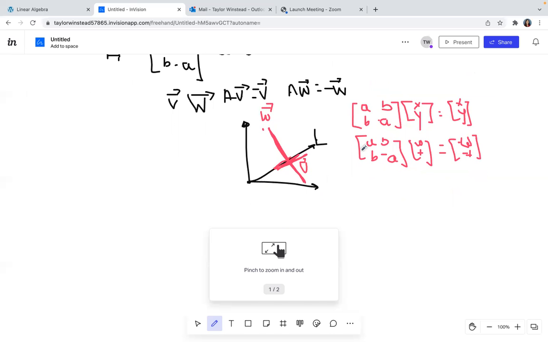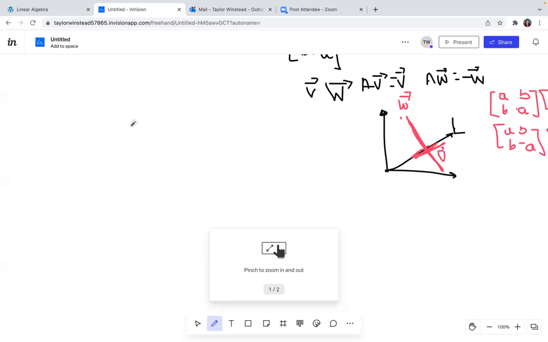So another way we could do this is think about this a little bit more theoretically. Let's think about vector V for a minute.